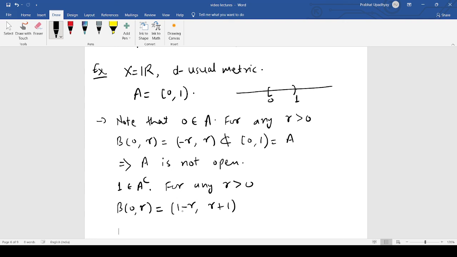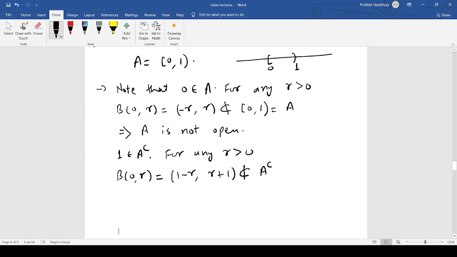Now since it is 1 - r, it contains some elements of A. So it does not lie totally inside A complement, and that will imply A complement is not open, and hence you can say A is not closed. So we have seen there are sets which are neither open nor closed, and there are sets which are both open as well as closed.